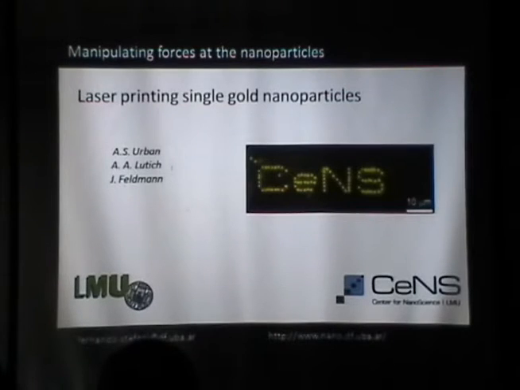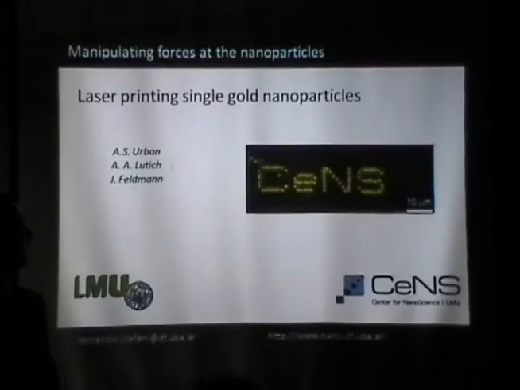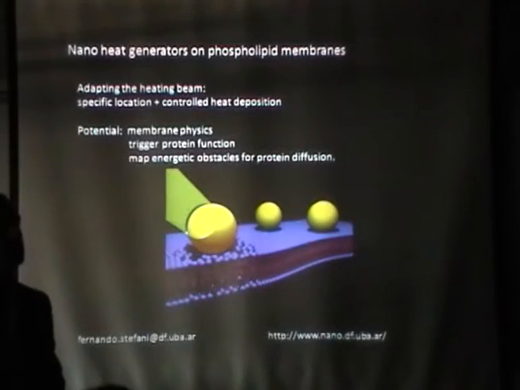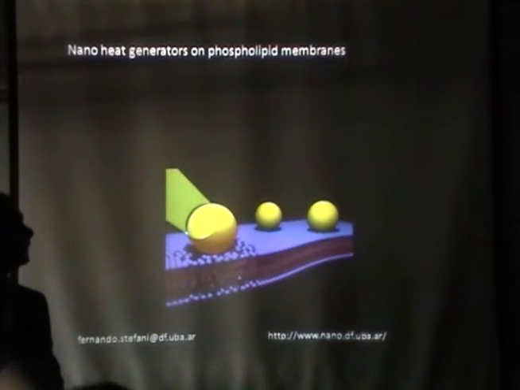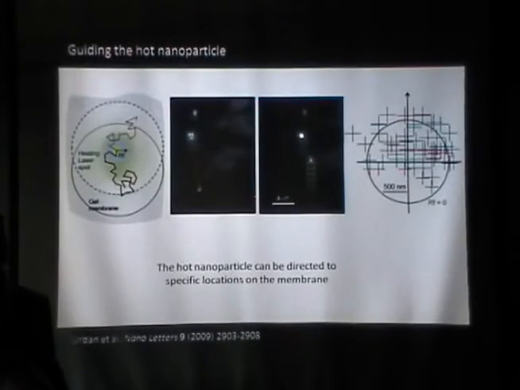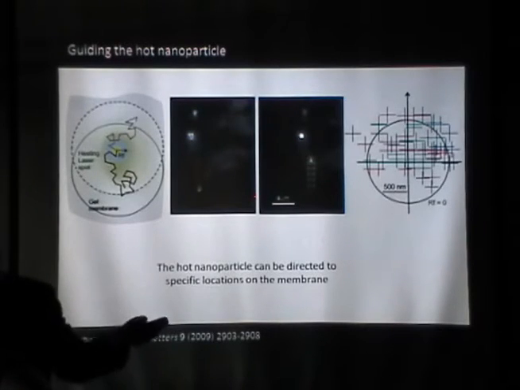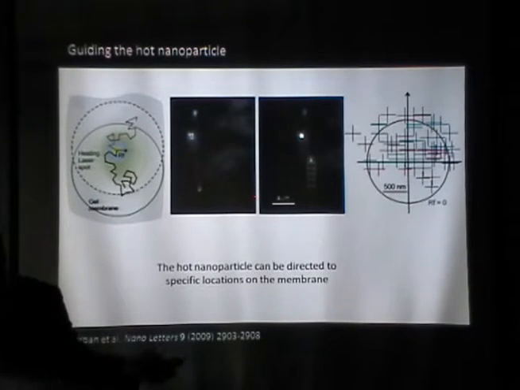All right. Any question about this temperature work? Yes. If you look at the statistics of the random walk of a nanoparticle, does it follow what you would expect from normal Brownian motion? In that case, no, it's a two-dimensional random walk because it's confined to the surface of the vesicle.